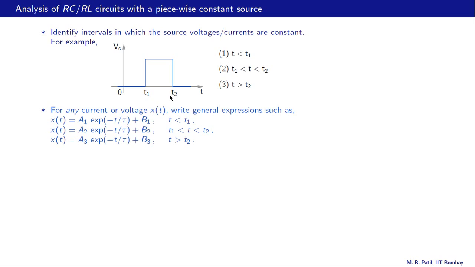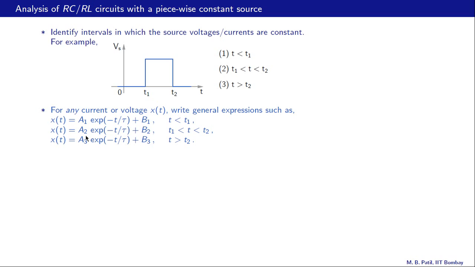And finally, in this third interval, that is t greater than t2, we can write x of t as a3 e raised to minus t by tau plus b3. In order to get a complete picture, what we need to do next is to find this tau, the circuit time constant, and also these constants a1, b1, a2, b2, etc.